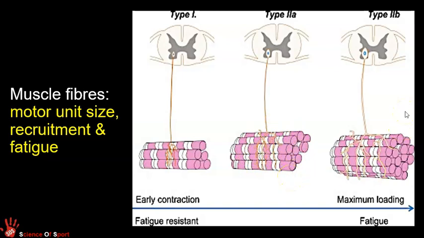If we wanted to generate a bigger force, so maximal force, we would also recruit our type 2X. Remember, B is the same as type 2X fibres. So an impulse would come down here, which connects to all these big, thick, strong, powerful fast glycolytic fibres, and we would generate a big force. Okay, so it's the same principle, slightly different way of showing it.